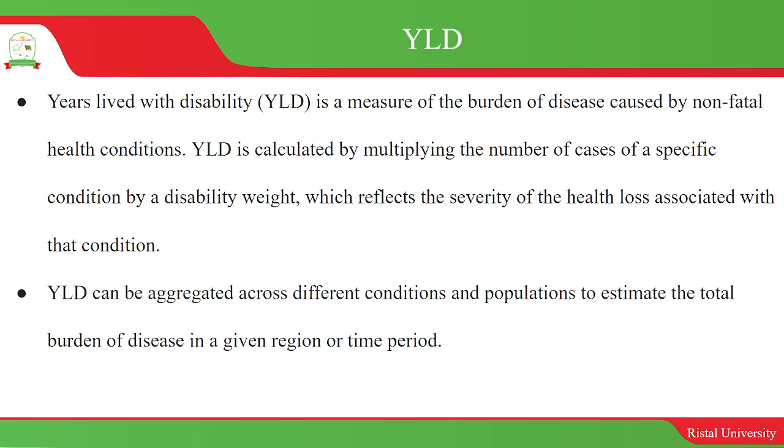So it gives us an aggregate of the different conditions that can affect populations, and then we are able to know the burden of a particular condition. So you can have a disease that is not really fatal, or fatal.